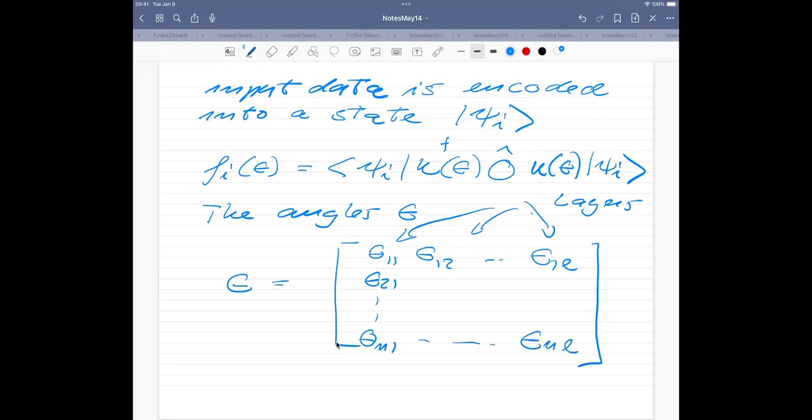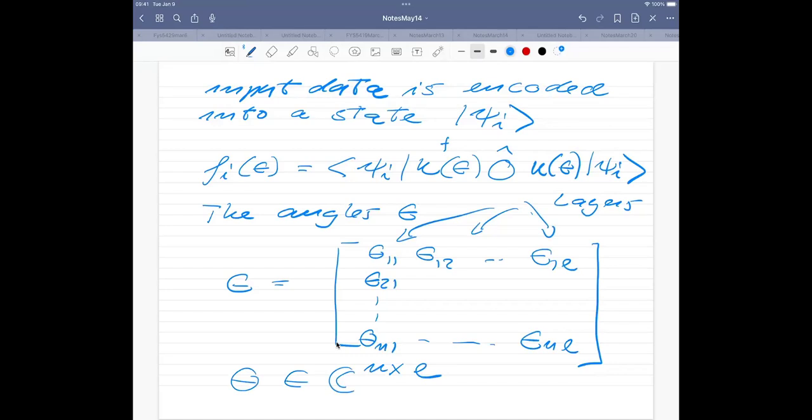Typically this is a matrix which has complex entries, and it has a dimensionality of N times L. So we would use N qubits, which we often call registers, and we have L layers of adjustable quantum gates, where each gate is controlled by a single parameter.